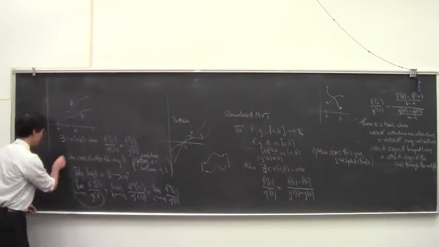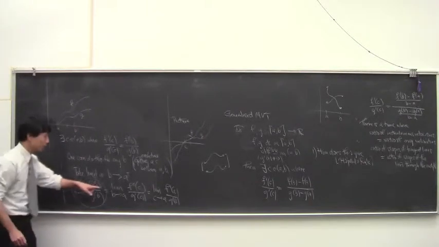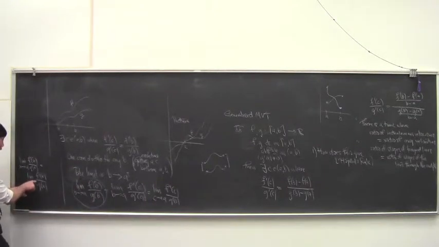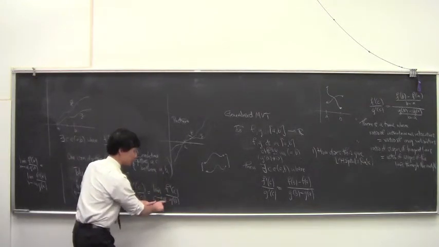But to make it explicit, L'Hopital's rule is like this: the limit of f of x over g of x as x goes to a equals the limit of f prime c over g prime c as c goes to a.